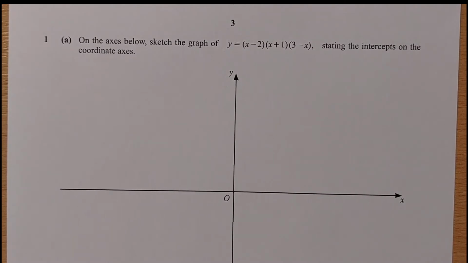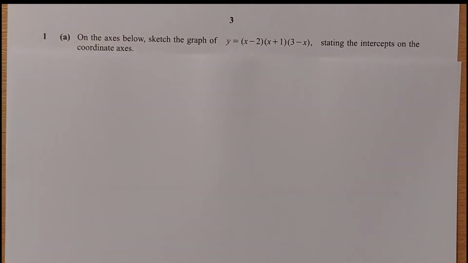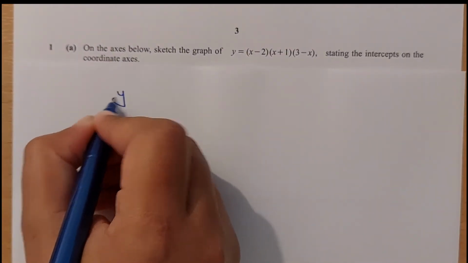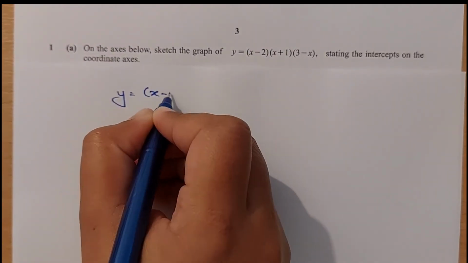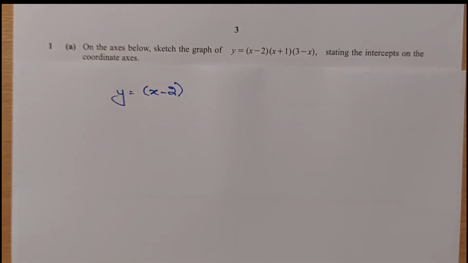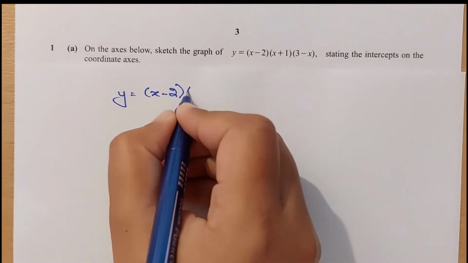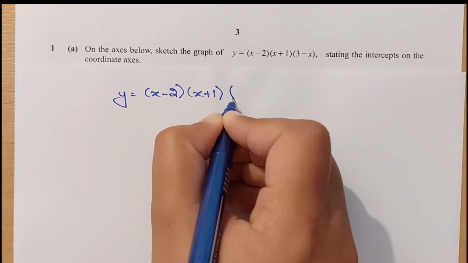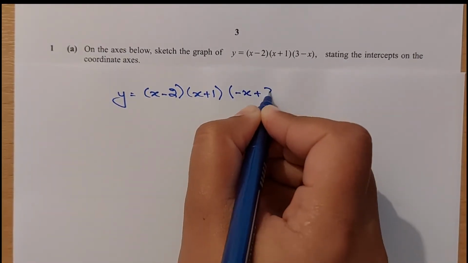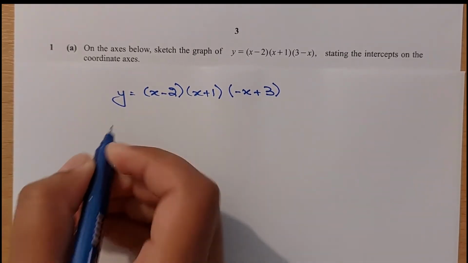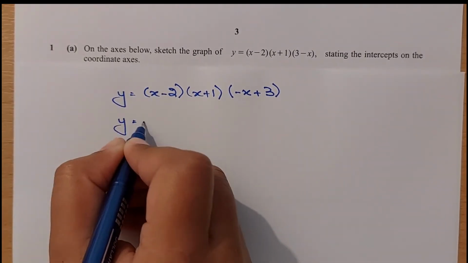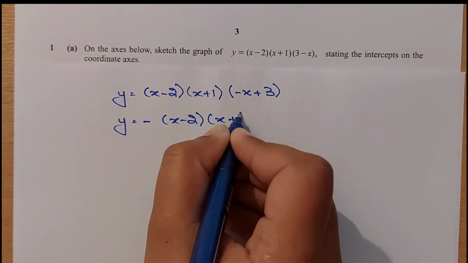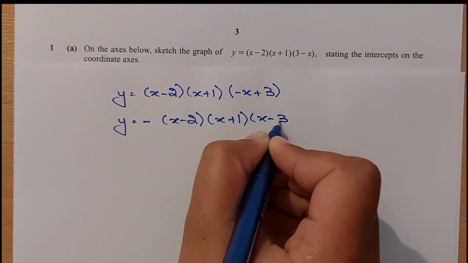First let me rearrange this function into the standard form, that is y equals x minus 2, x plus 1, and we have negative x plus 3. Taking the minus sign common, y equals negative of x minus 2, x plus 1 and x minus 3.